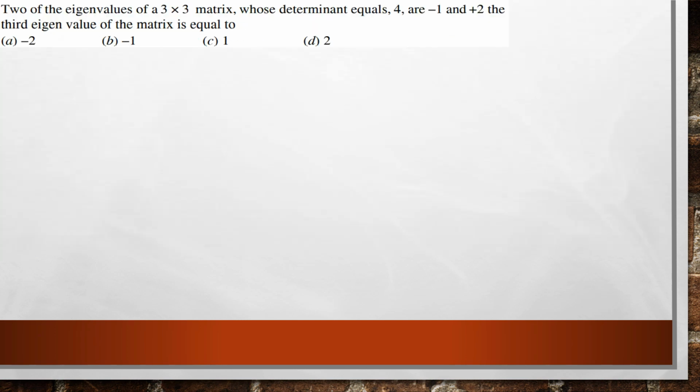Now let's start. So see, they are saying that there is a 3 cross 3 matrix. Its determinant is 4, and two eigenvalues are given as -1 and 2. We know that the product of eigenvalues is equal to the determinant. So 4 is equal to the product of eigenvalues, right?